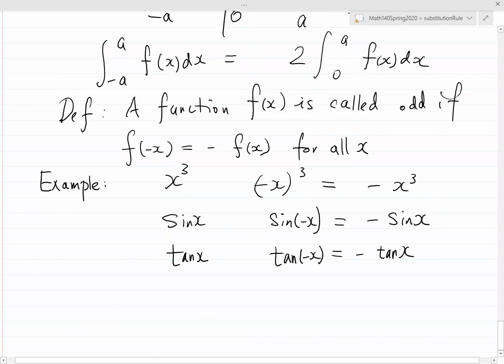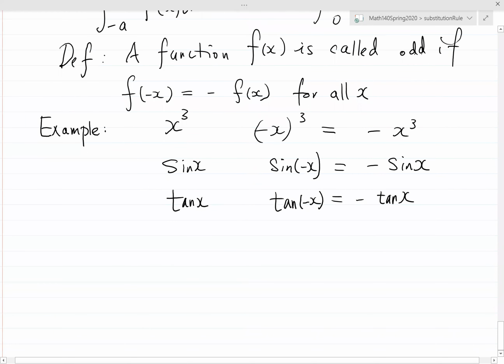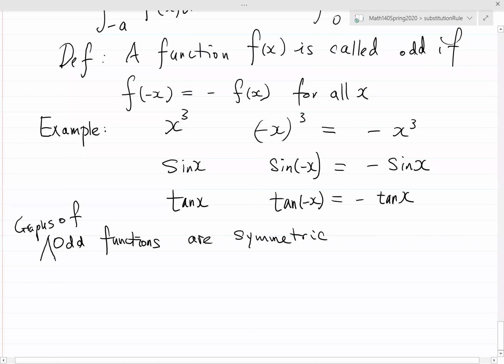Now, the fact is, the graph of an odd function is symmetric with respect to the origin.